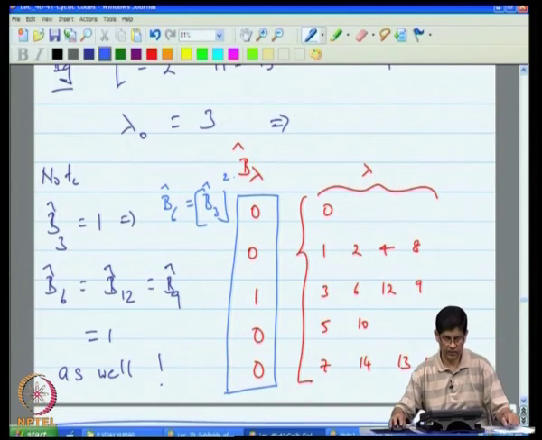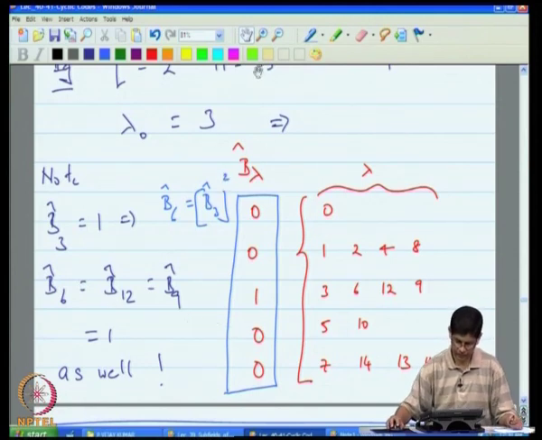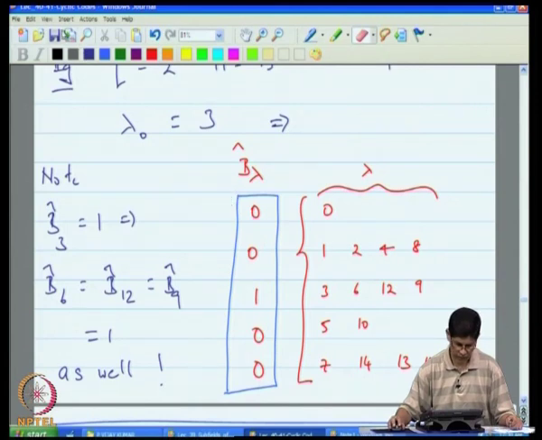So, if b hat of 3 is 1, then b hat of 6, which is its square, is also 1. Let me erase this. All right.